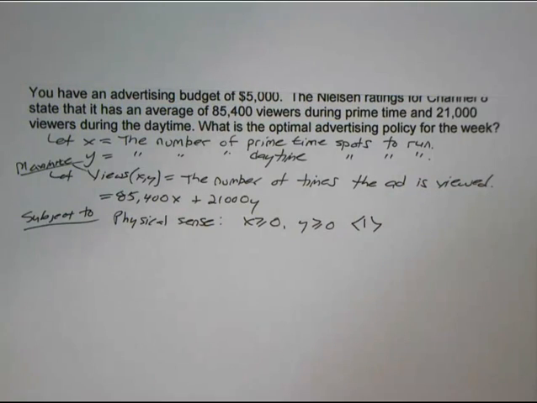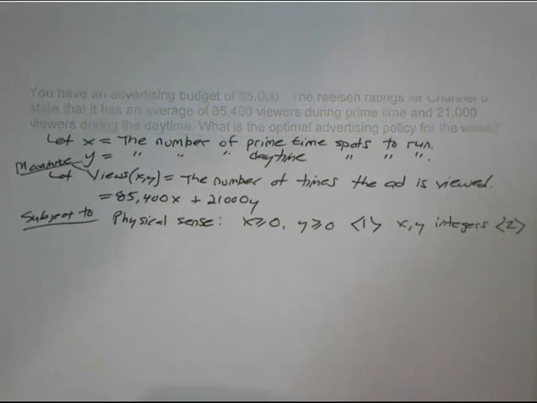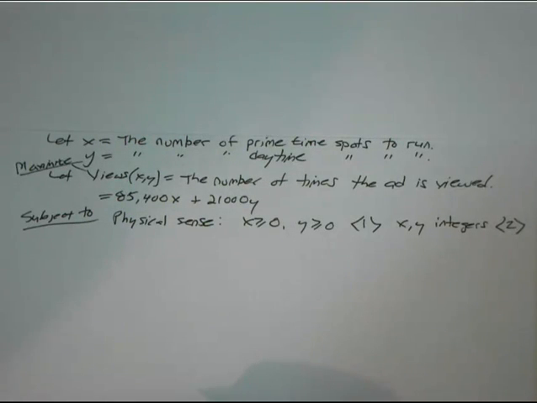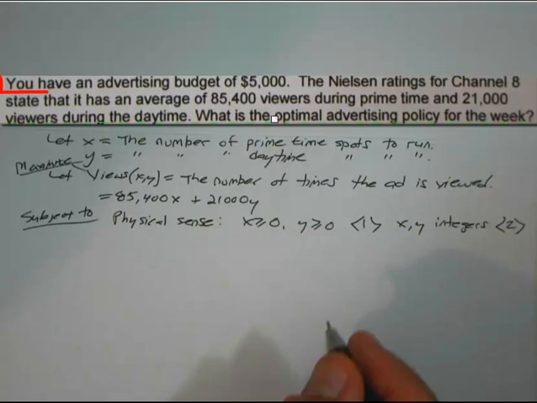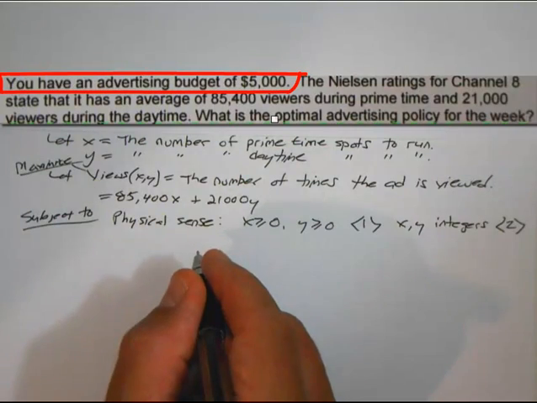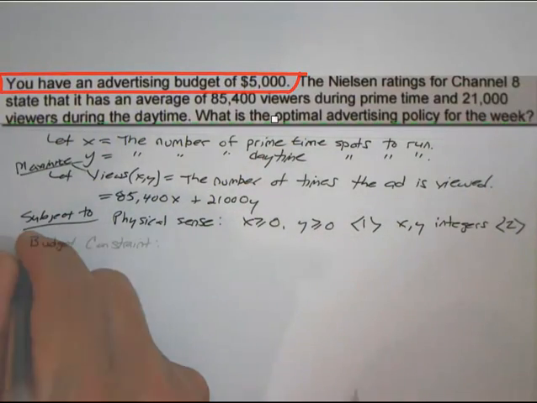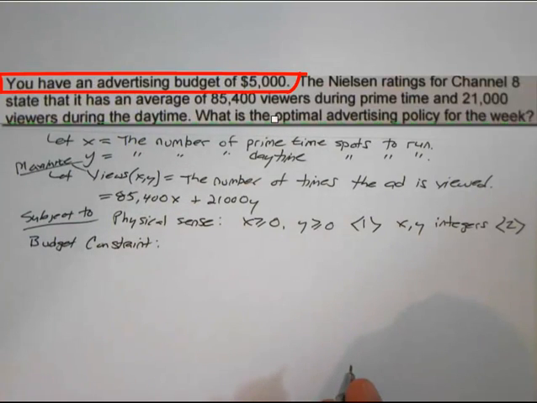And secondly, since you must either purchase a spot or not purchase a spot, they must be integers as well. Other restrictions: yes, we have that budget restriction, the condition that we have this $5,000 budget.